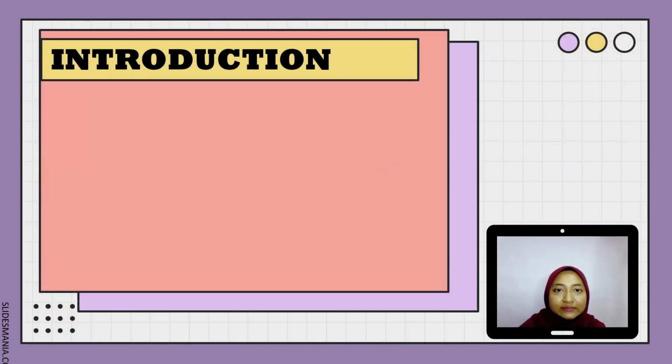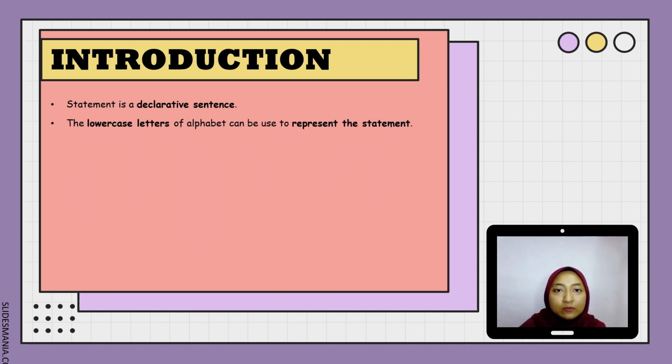Introduction. A statement is a declarative sentence that is either true or false but not both. Lowercase letters of the alphabet such as P, Q and R can be used to represent statements. Meanwhile, a primitive statement is a statement that cannot be broken down into a simpler sentence because it only contains one subject and one predicate.